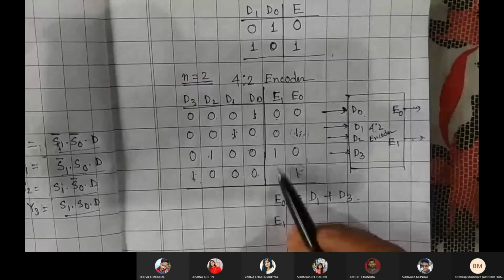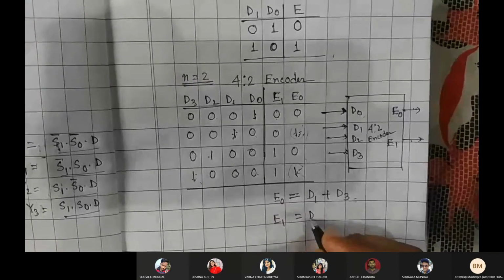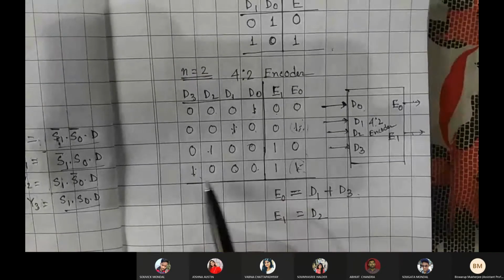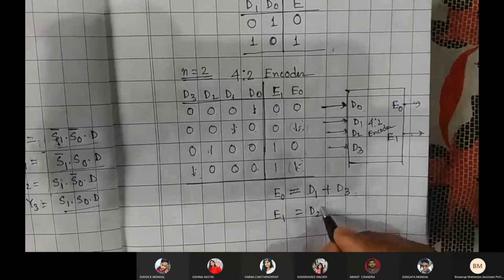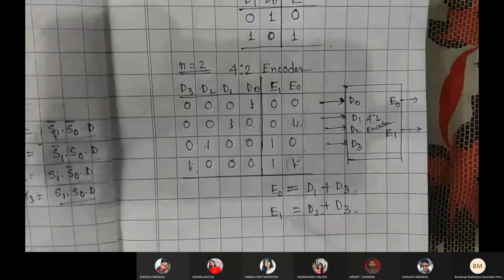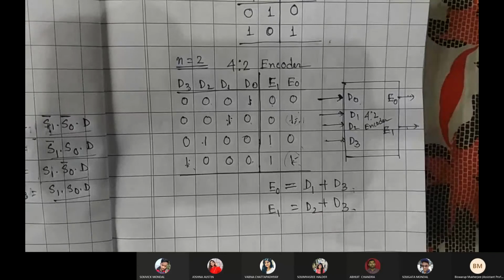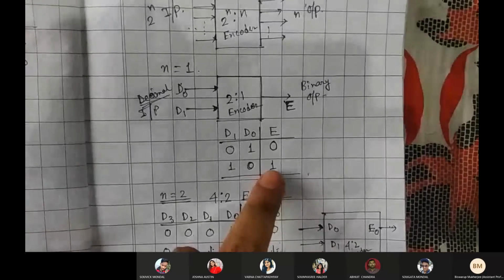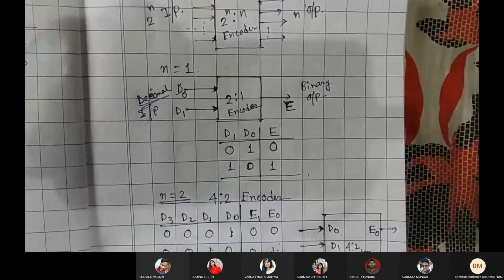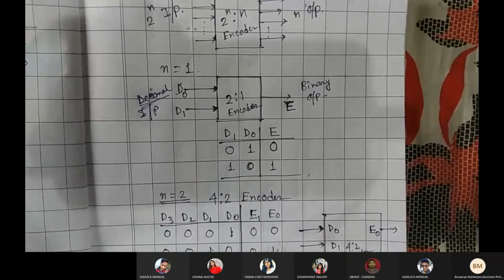Similarly, E1 is remaining high for D2, and also for D3. So D2 plus D3, right? So this is the expression: D1 plus D3 is E0 and D2 plus D3 is E1. Similarly, for the 2:1 encoder, E is high for only D1.